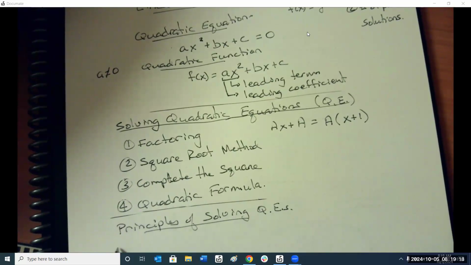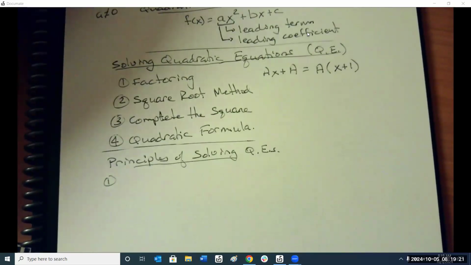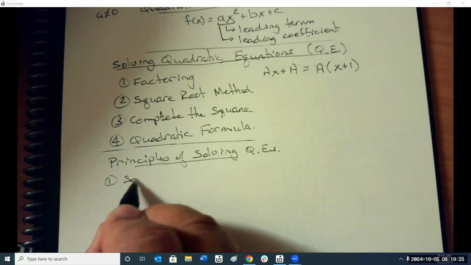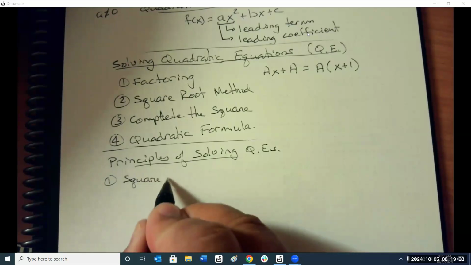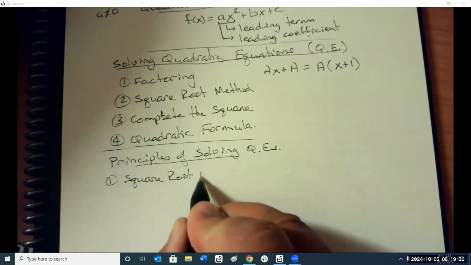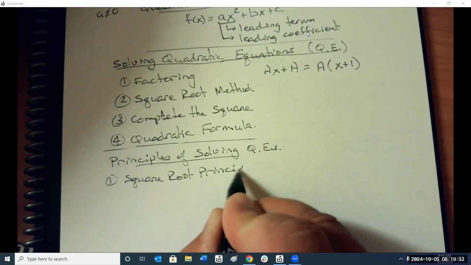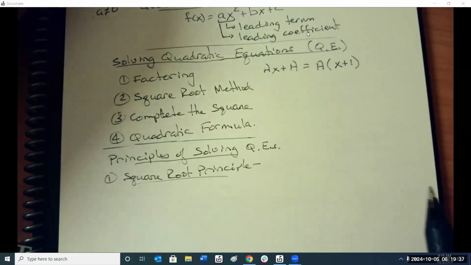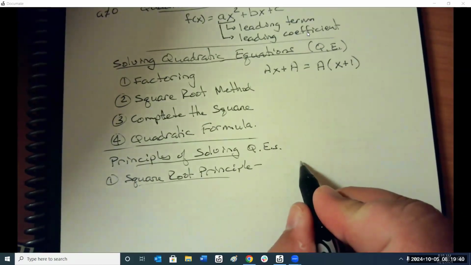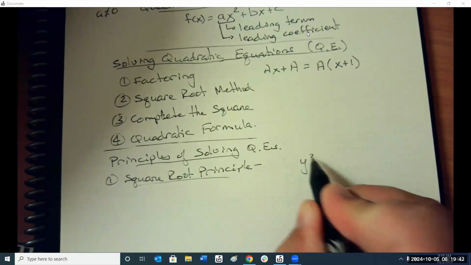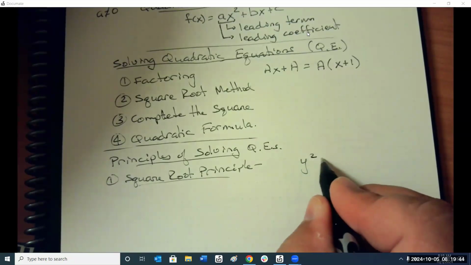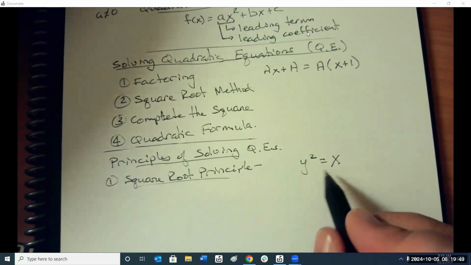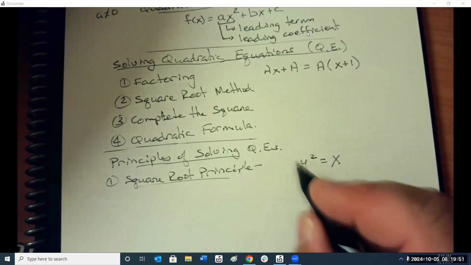Principles of solving quadratic equations. First, we're going to talk about the square root principle. The square root principle says this: if I have anything squared equals something, I want to get rid of the square.